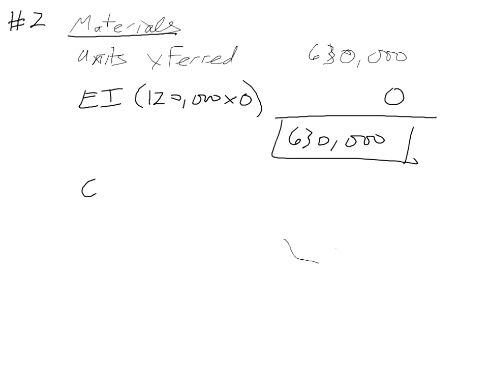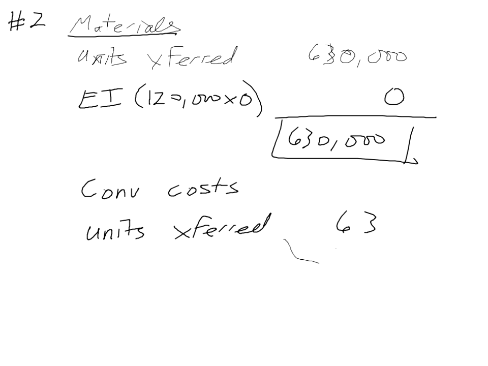Now for conversion cost, we're going to do the same thing. We're going to look at units transferred, and we know that that's 630,000 complete units, 100% complete. And then we look at our ending inventory in terms of conversion costs.